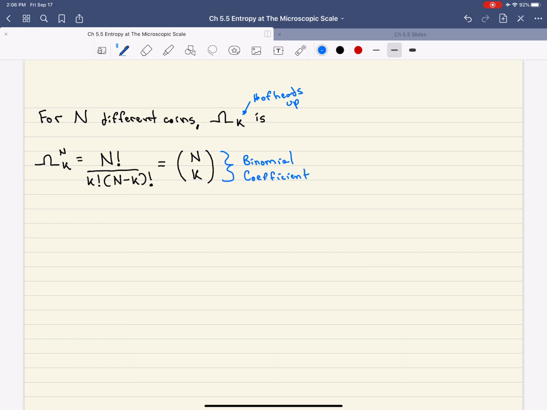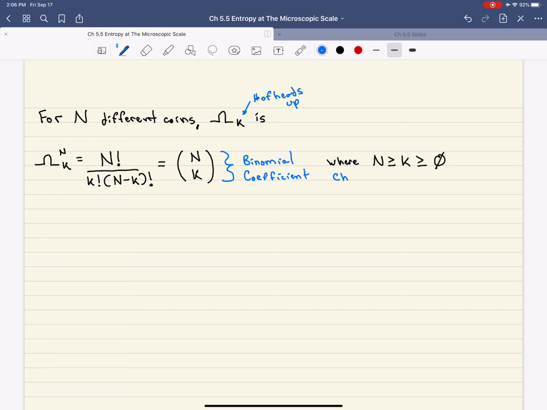And this would be for the case where n is greater than or equal to k, and where both of those are greater than or equal to 0. Okay? So mathematically, this is what this sort of analysis simplifies down to.